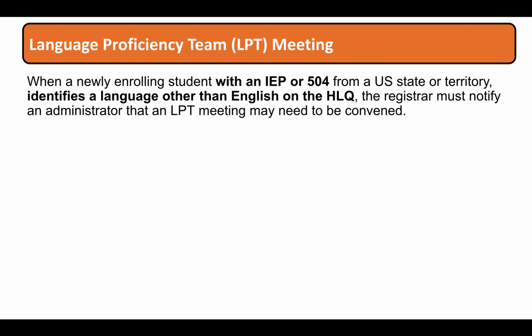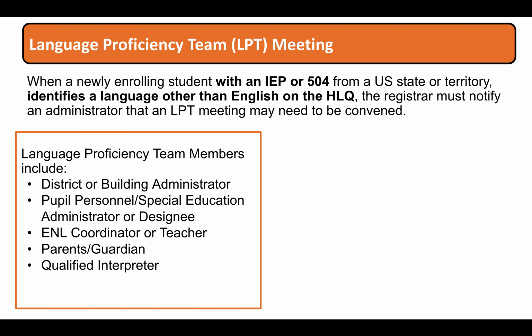So if during the registration process, it's noticed that a student has an IEP or a 504 from a U.S. state or territory, and the student may be an English language learner, then an LPT must be convened. Here are the members that would sit on the LPT. Notice that parents and guardians must be included.